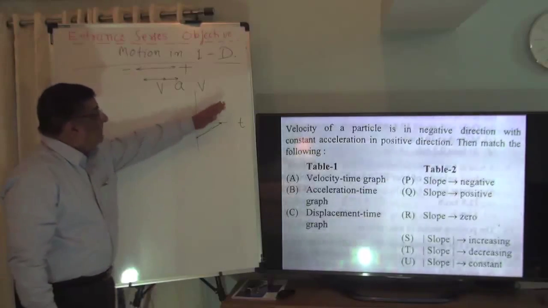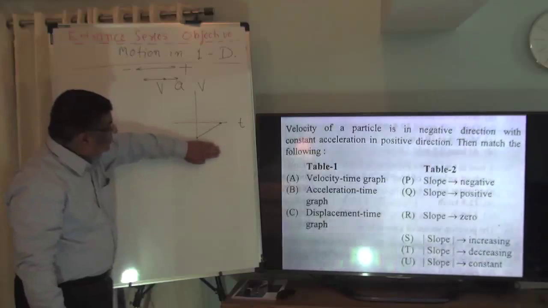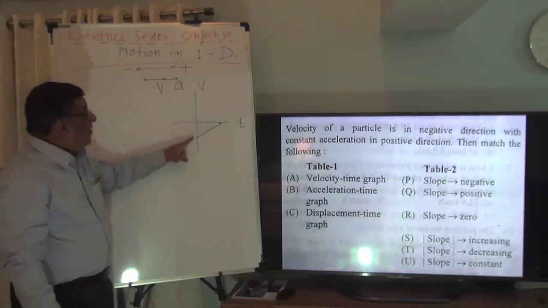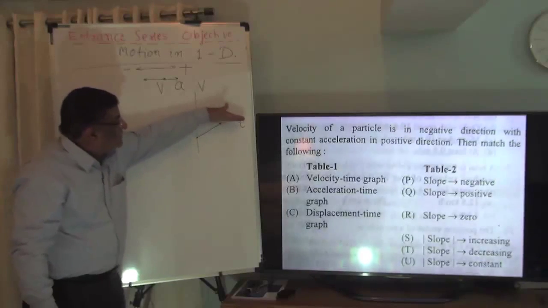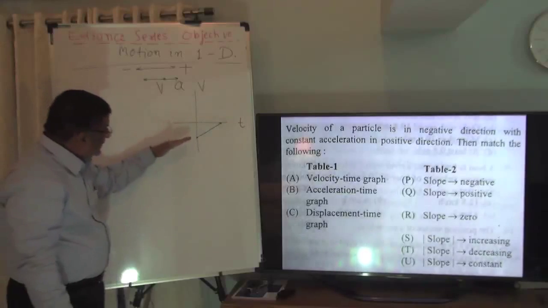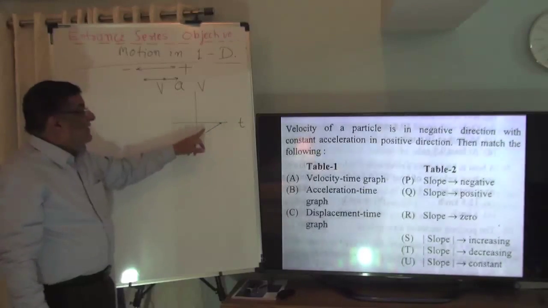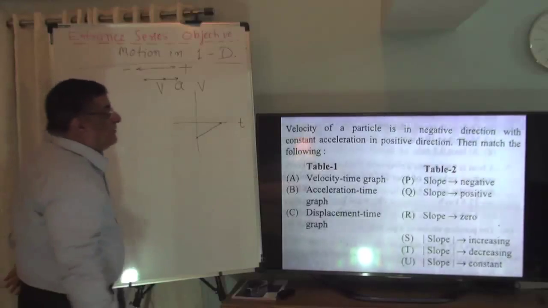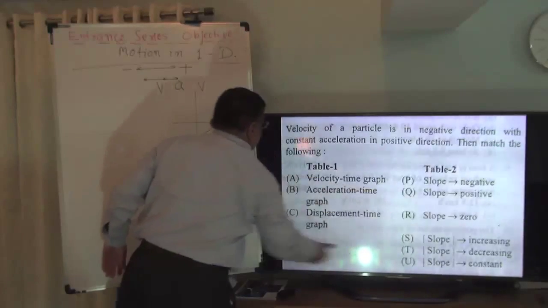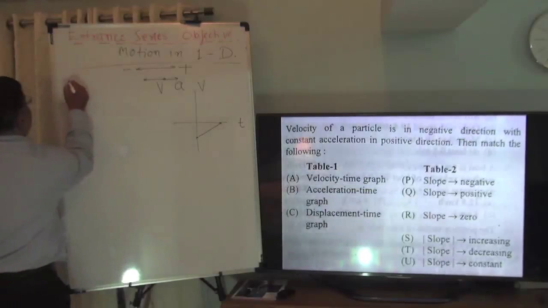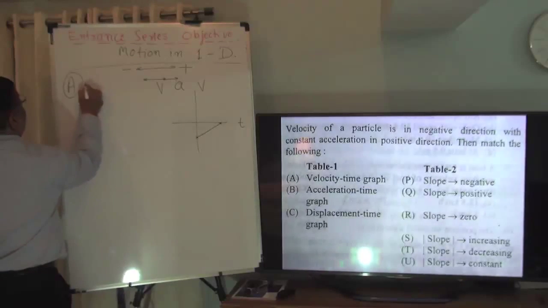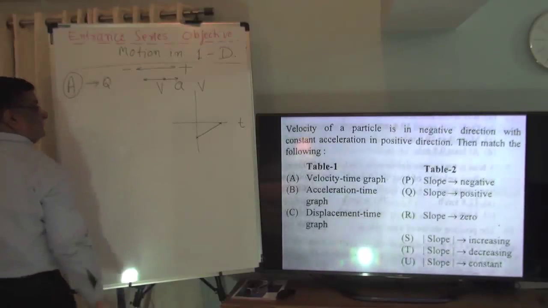Please don't see here, only see this with respect to horizontal. The answer is it is going up, so it is positive slope. Positive slope is option Q. So for A we have option Q.